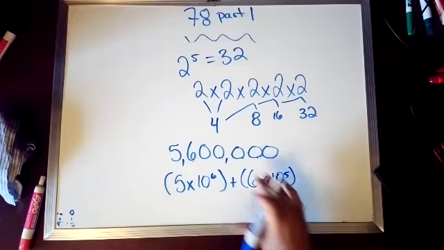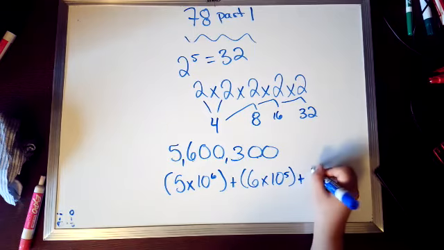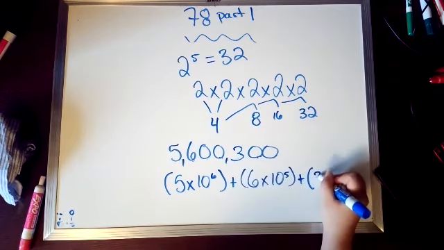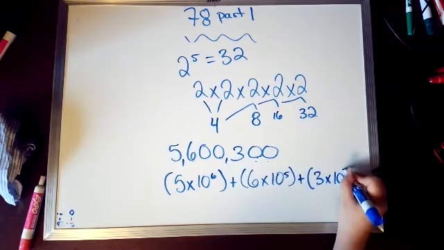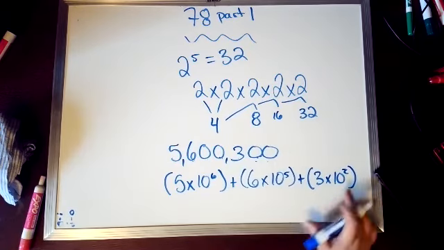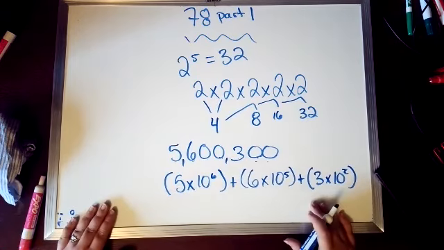Okay, if I had more than that, and let's say I had another 3 in here as well, then I would add 3 times 10 to the power of 2, or 3 squared. Okay, this is expanded notation.